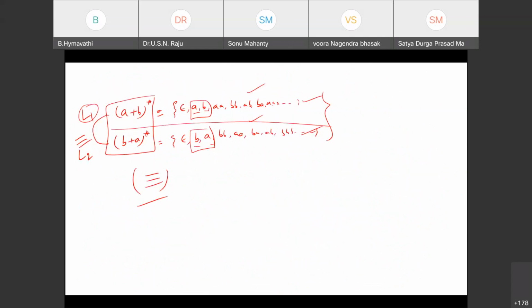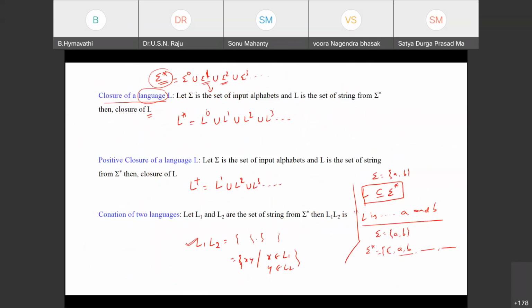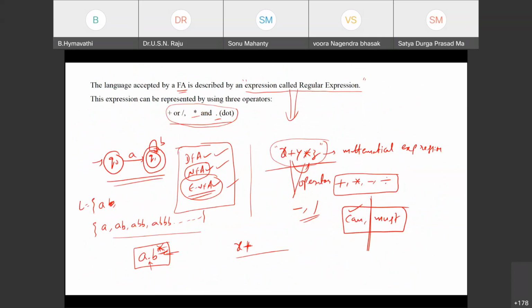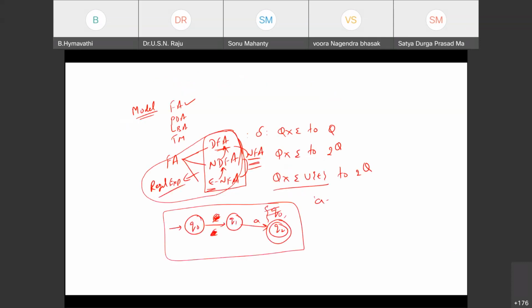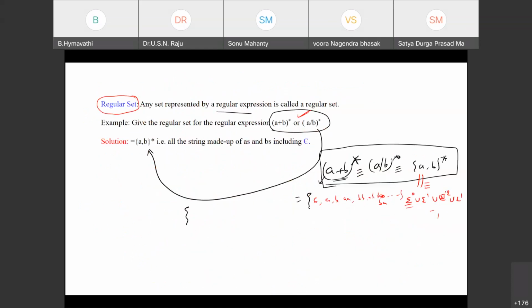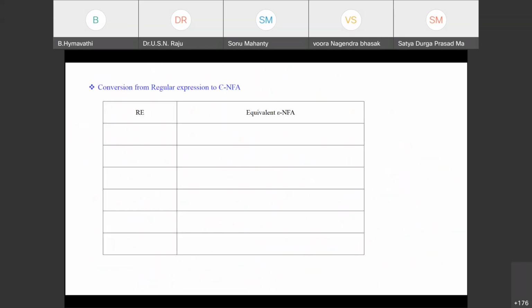But before that, I expect everybody to be comfortable with this terminology: what is a regular expression and the formal definition of a regular expression. It's fine? Okay then. It is 11 o'clock now, so by 11:10 we'll meet. Just a 10 minute break, and after that we'll continue.